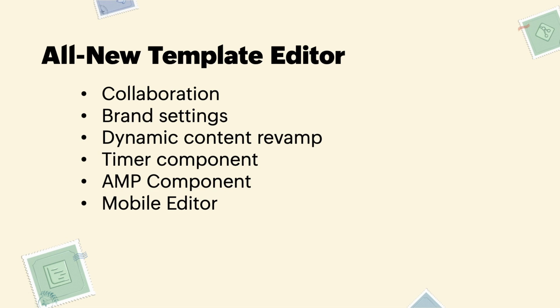To give a little introduction about dynamic content, you can send different content to different segments of people in a single email. So it's not the same content that goes to everyone; the content changes dynamically. We are going to revamp it and give more options for this dynamic content.